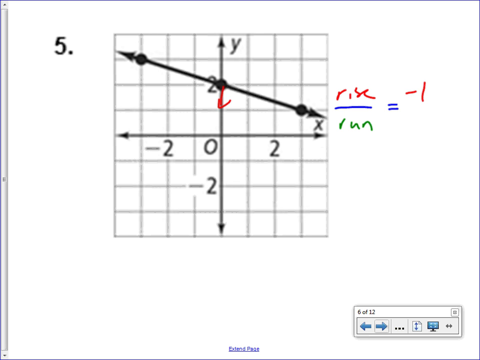So that's a -1 for a rise. I go over 3, so my run is 3. So my rise over my run is a -1/3. Or my slope is a -1/3.